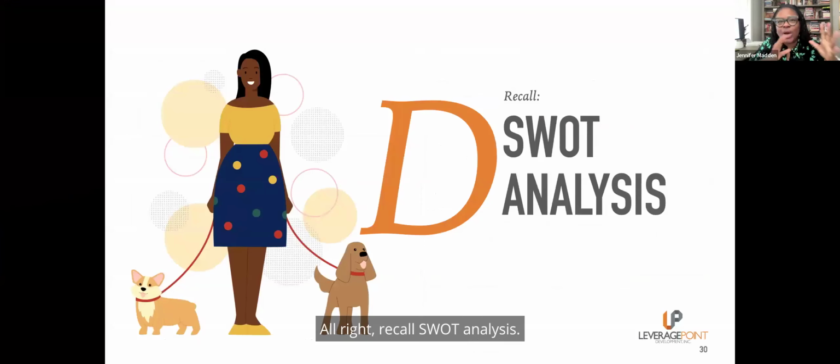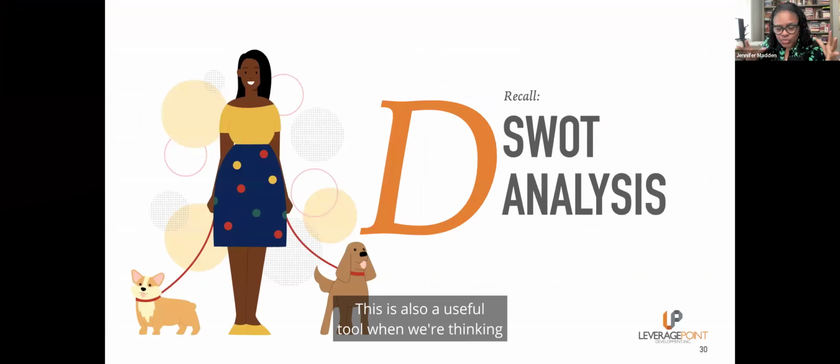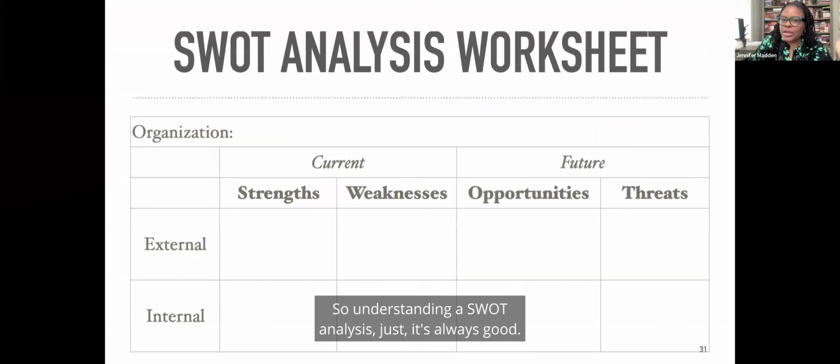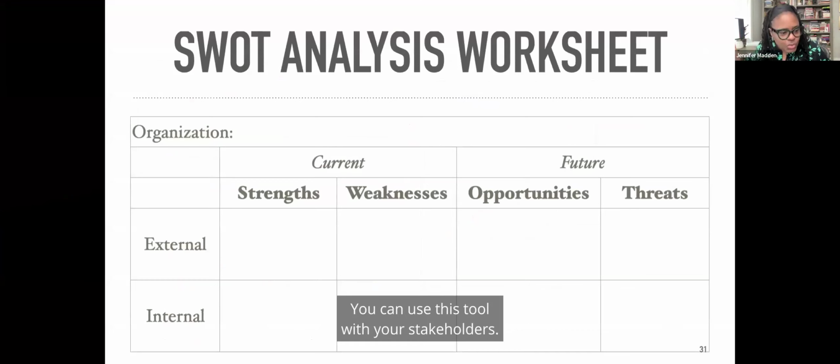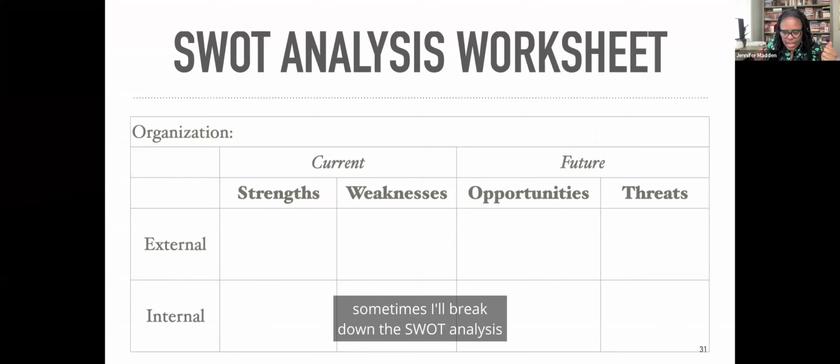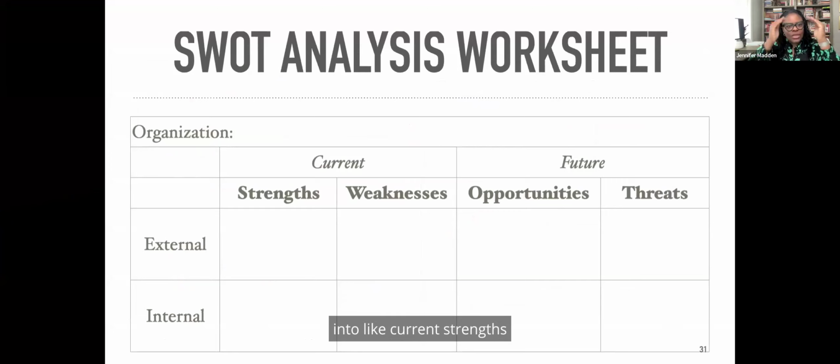All right, recall, SWOT analysis. This is also a useful tool when we're thinking about organizational goal setting. Understanding a SWOT analysis is always good. You can use this tool with your stakeholders. It's a typical strategic planning tool, but it works for so many things. Sometimes I'll break down the SWOT analysis into current strengths and weaknesses or future opportunities and threats, things that are internal or external to the organization.